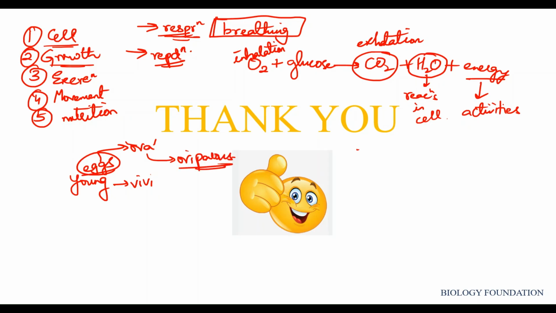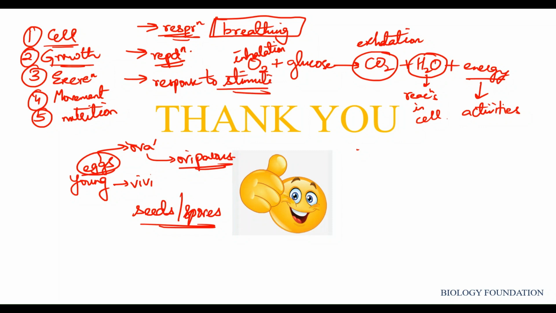But any living organism exhibits the process of reproduction. Some either produce seeds or spores like your plants. Okay. And we have talked about response to stimulus. Response is nothing but responding to the change in the external or internal environment.